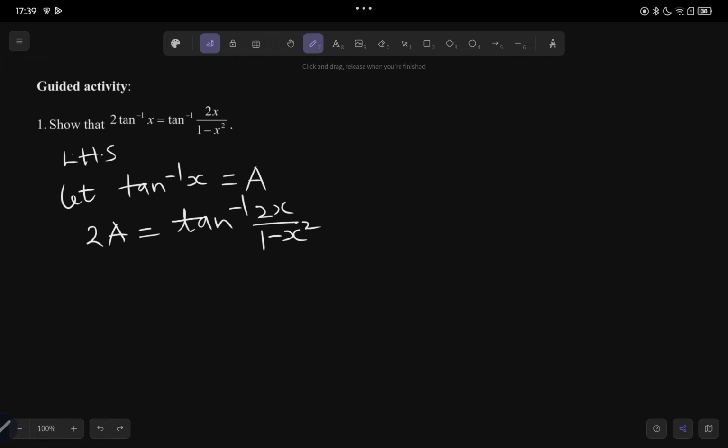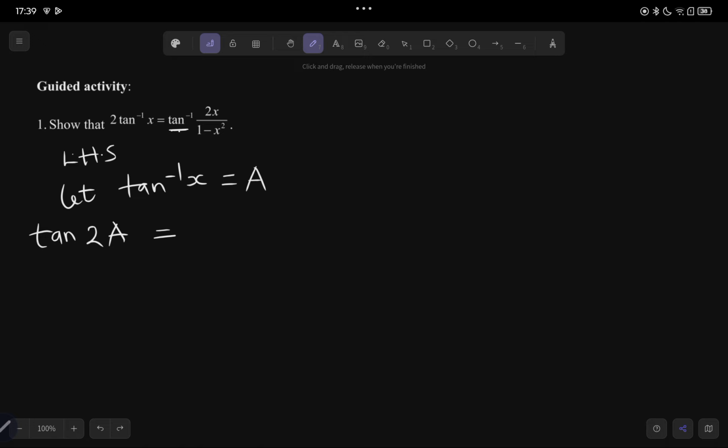Now, basically, that is what we want to show. How do we proceed? After setting our A as tan inverse of x, since on the right we have tan inverse, we are going to introduce tan on the left. If you have cos inverse, introduce a cos on the left. If you have sin inverse on the right, introduce a sin on the left.